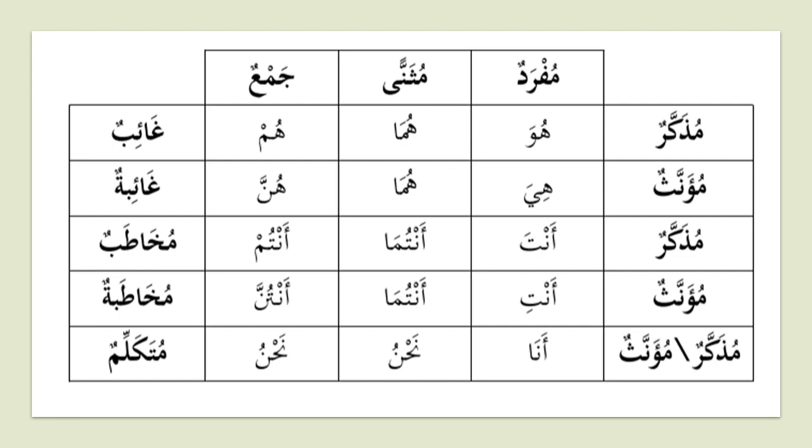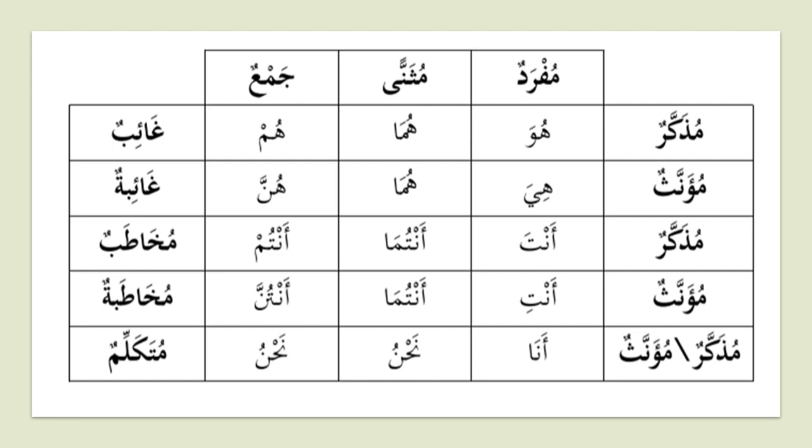Huma means they, speaking about two. Huma, they two. Hum is they again, but for three or more. We have huwa, he, huma, hum. Huma is for two, and hum is for three or more.